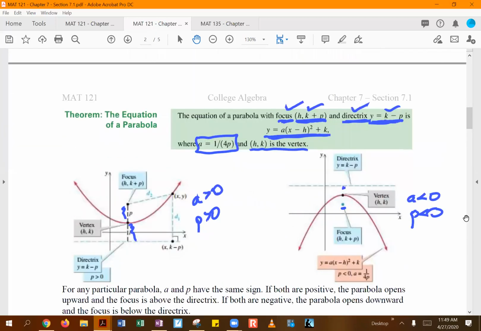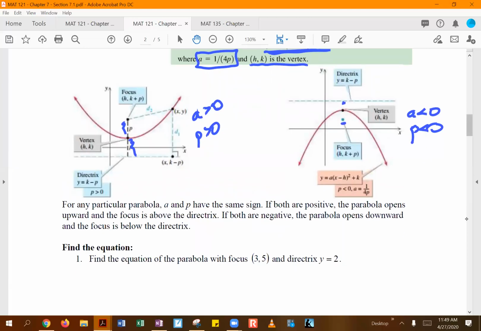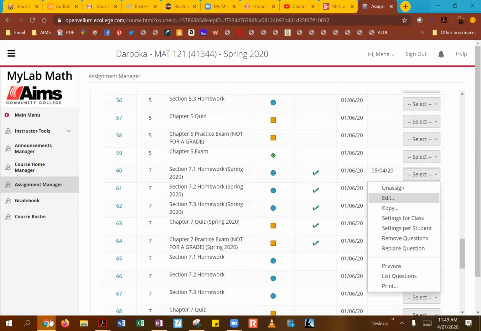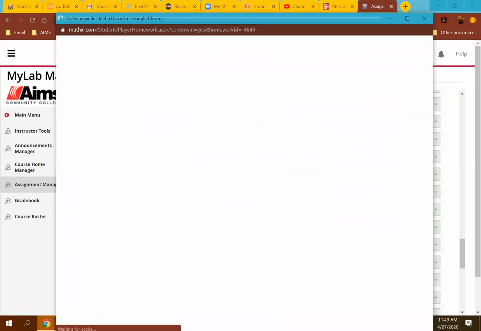So that would be another way we would go about finding these values over here. So let's go ahead and see what kind of examples we have for your chapter 7 over here.